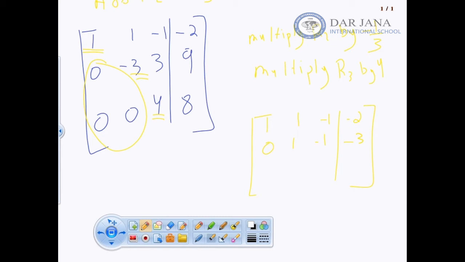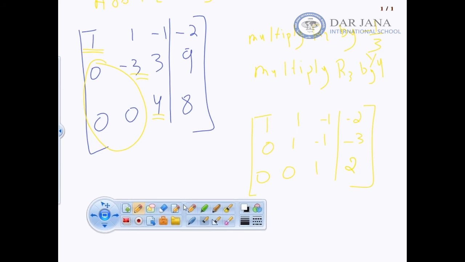And here we have multiplying by 1 over 4: 0 times 1 over 4 is 0, 0 times 1 over 4 is 0, 4 times 1 over 4 is 4 over 4, which is 1, 8 times 1 over 4, 8 over 4, which is 2. Now we are done.